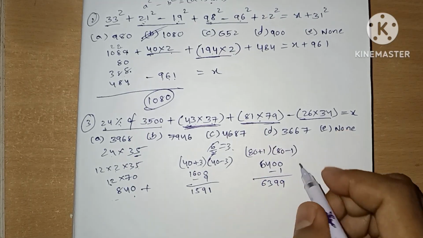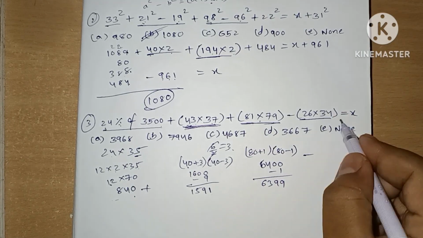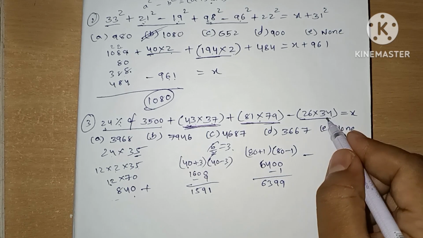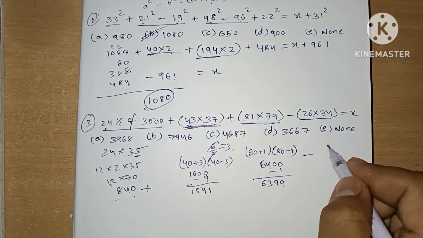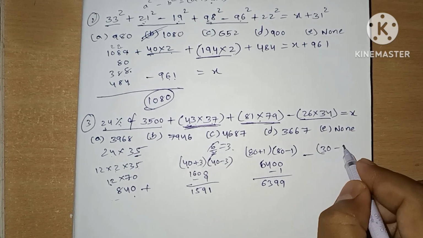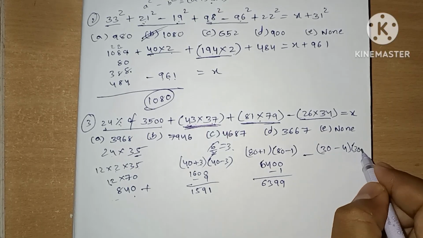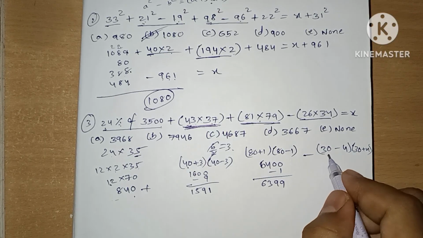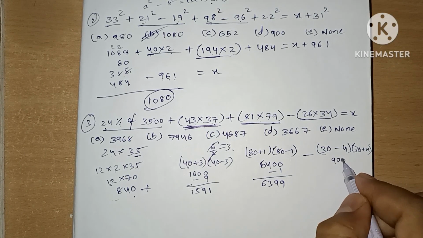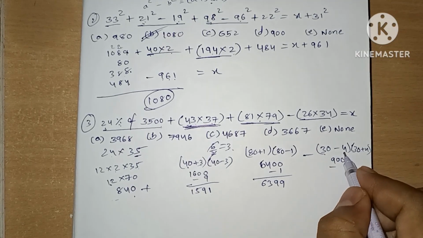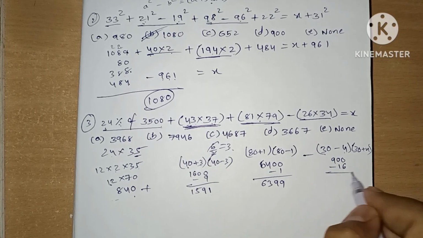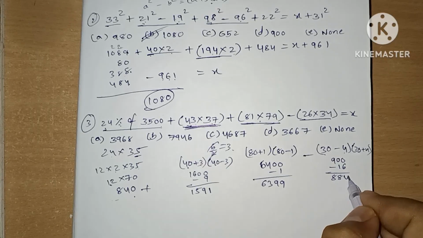Answer for this one. Okay, let's solve this one. Here the difference is 8. Half of 8 will be 4. So it will be 30 minus 4 and 30 plus 4. So 30 square, which will be 900, minus 4 square, 16. We get 884.